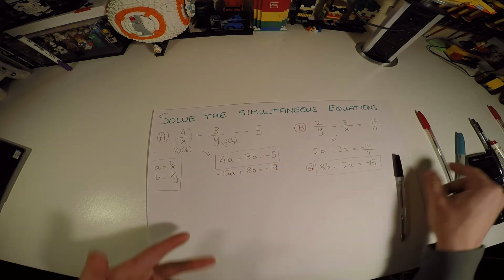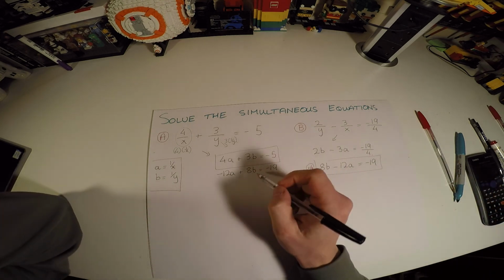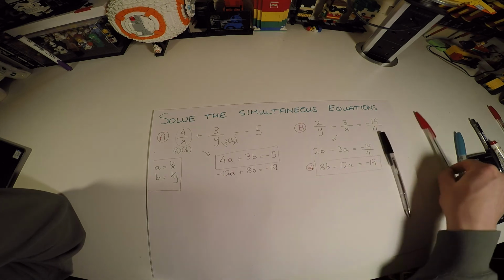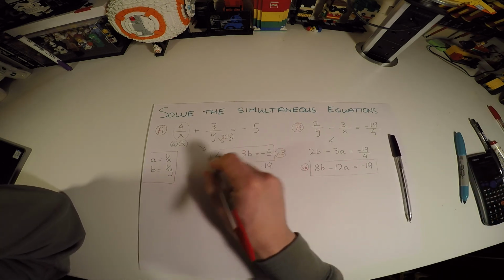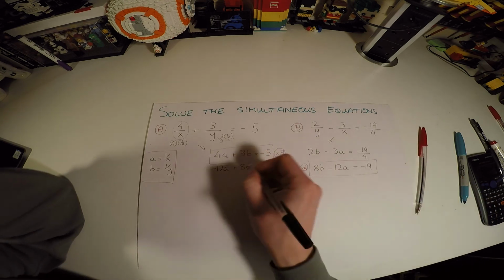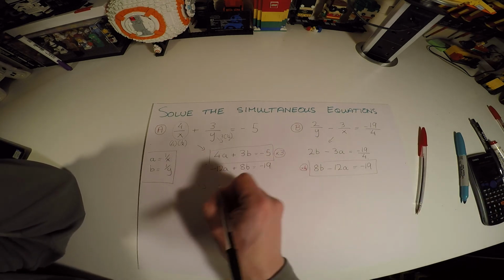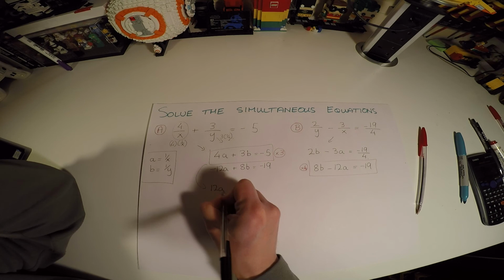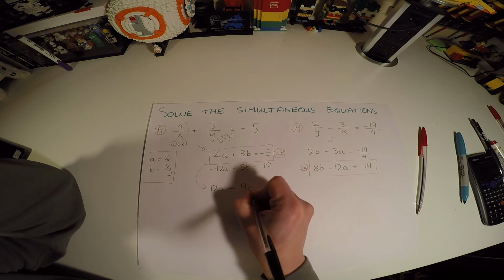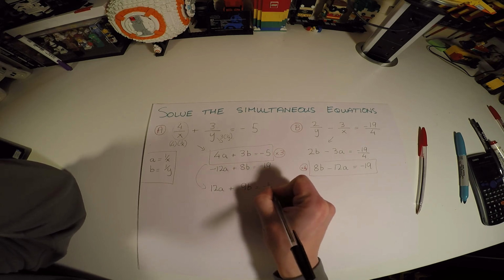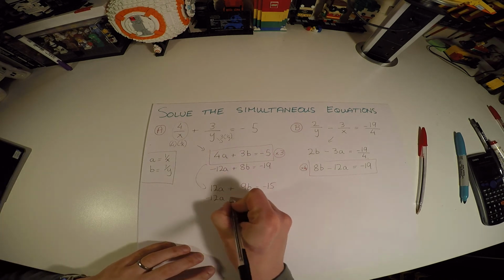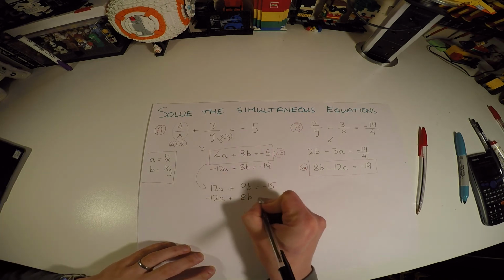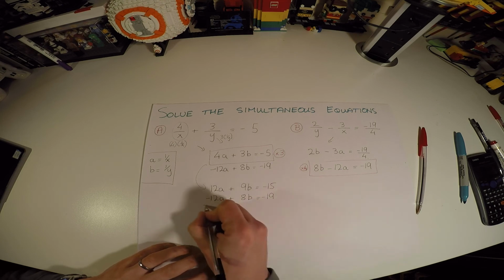So, a regular two variable simultaneous equation. It looks like I should multiply this one by 3. If I do that, I'll get a positive 12a there. So let's write the whole thing here again, multiplied by 3. So that's 12a plus 9b equals minus 15. We'll write our other one underneath it again: 12a plus 8b equals minus 19.